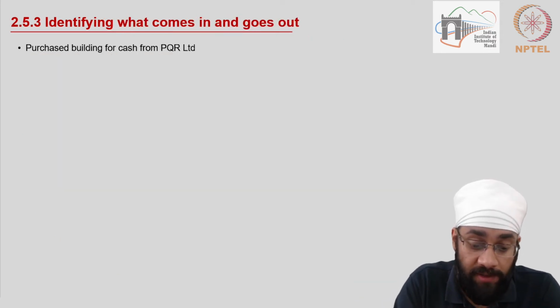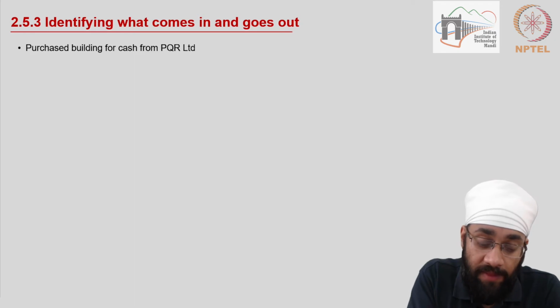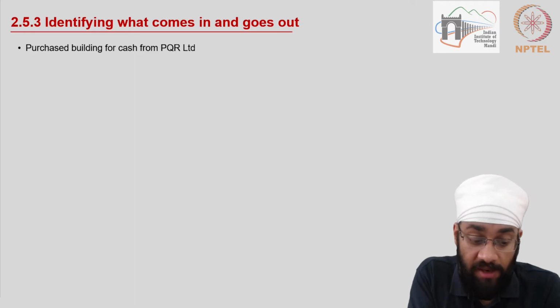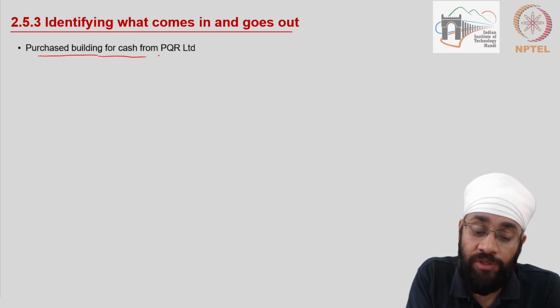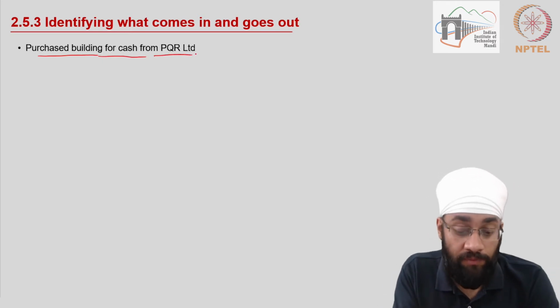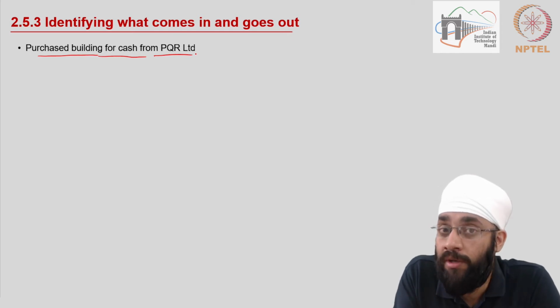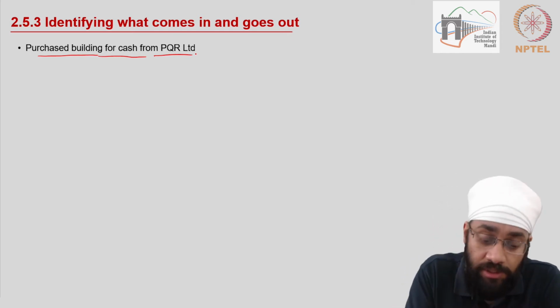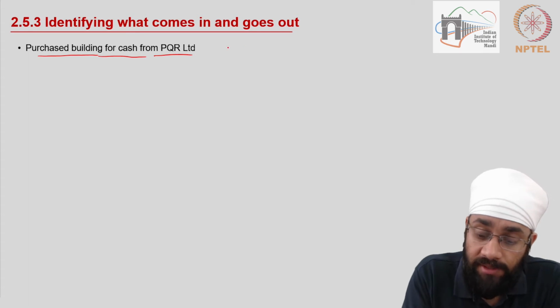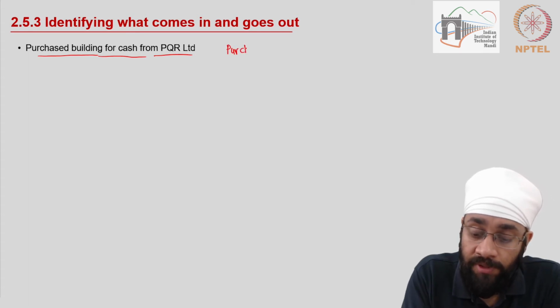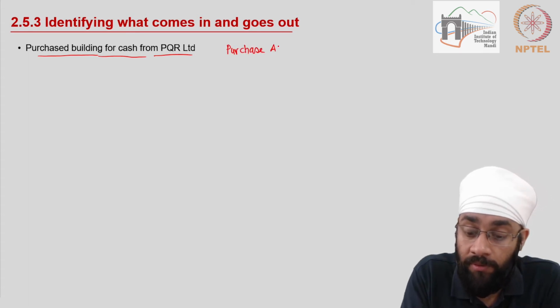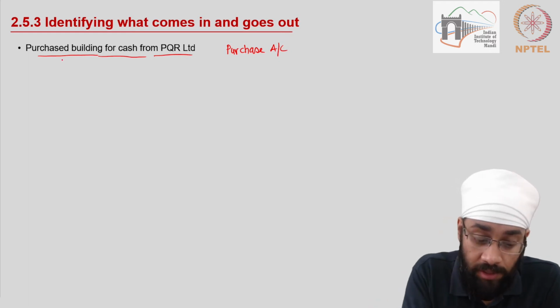Let's look at another transaction where the building is being purchased for cash from PQR. Now we have to again identify who are the parties involved, how would this business record this transaction. So clearly there is something called purchase. You could create a purchase account.